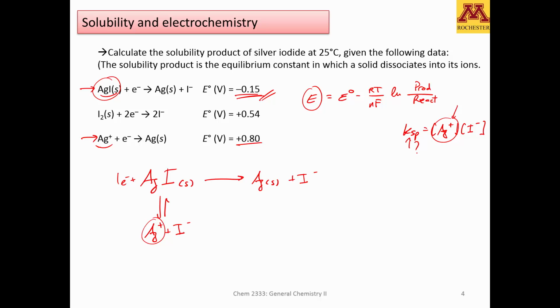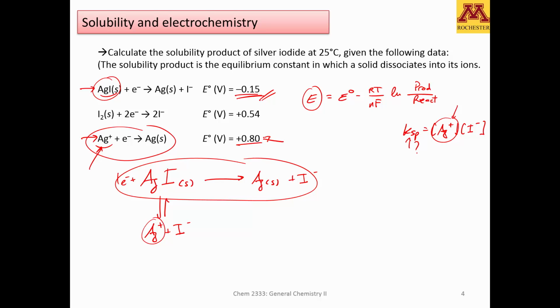So one could think of this reaction as this reaction in which we have modified the concentration of silver plus, and therefore you can think of this number as the standard cell potential, and this one as the potential that is a result of modifying the actual concentrations. Let's apply this to this specific problem.